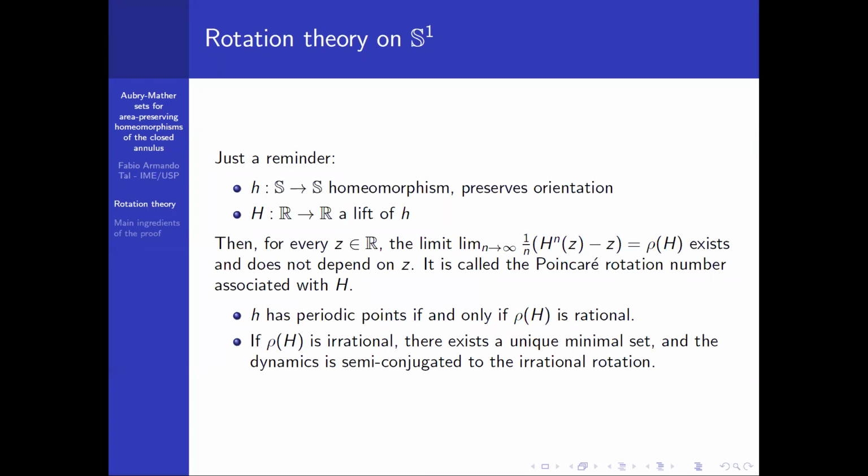You take a point X and see where A of X goes, and then where A squared of X goes, and you look at how much you moved and divide by the time, which gives you a speed of how much you're moving to the right.